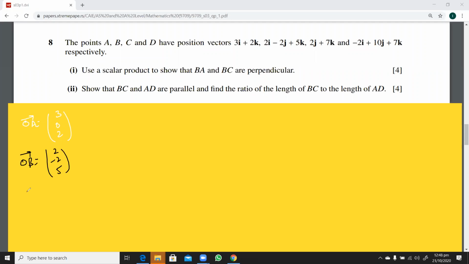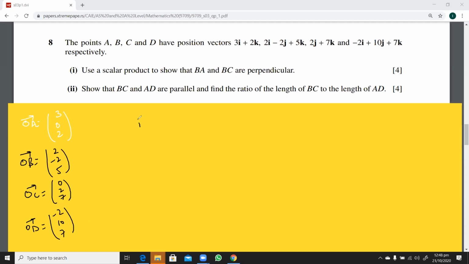Then I have OC, which is 0, 2, 7. Yes, 0, 2, 7. And then I have this OD, which is minus 2, 10, and 7. So these are the position vectors of the points A, B, C, and D we have.